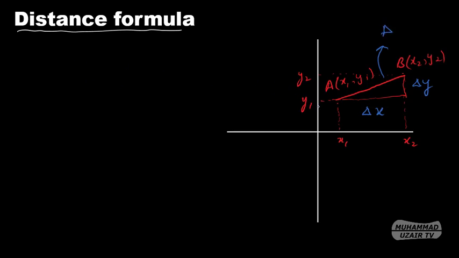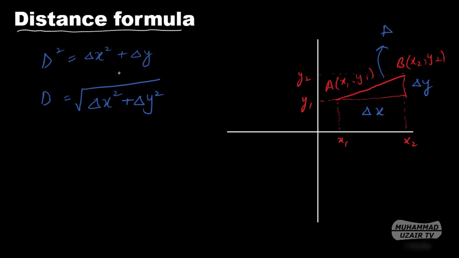We want to find the distance between A and B. As we know, using the Pythagoras theorem, d square will be equal to square of delta x plus square of delta y. So d will be equal to under root delta x square plus delta y square.